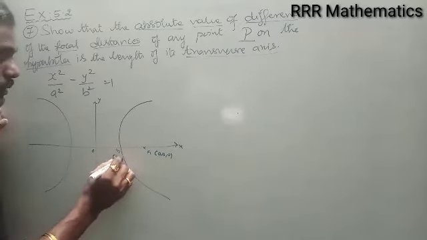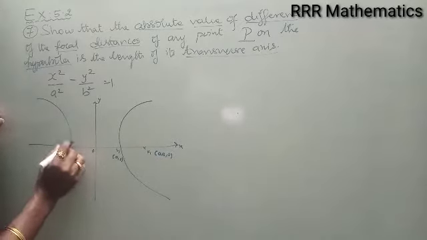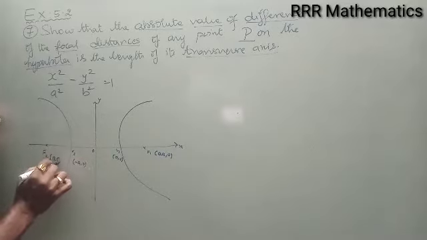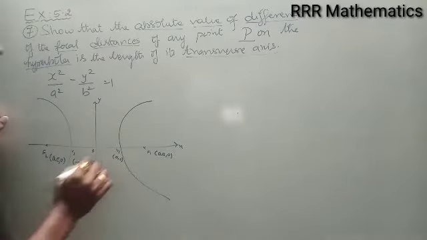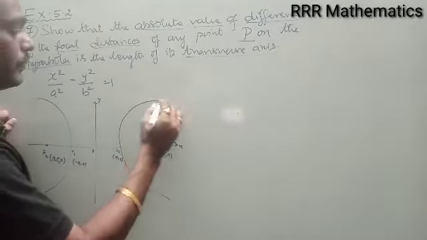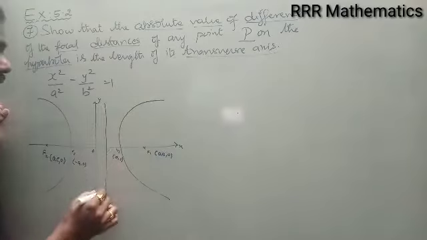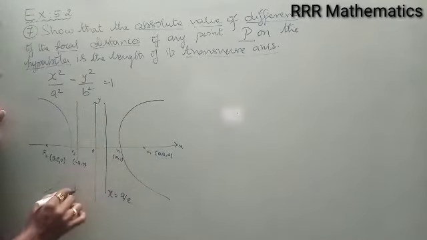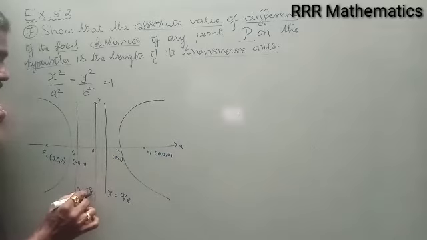Vertex (a, 0). Another vertex (-a, 0). Another focus F2 (-a, 0). This is the directrix x equal to a by e. This is another directrix x equal to minus a by e.